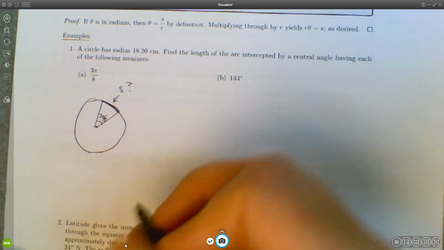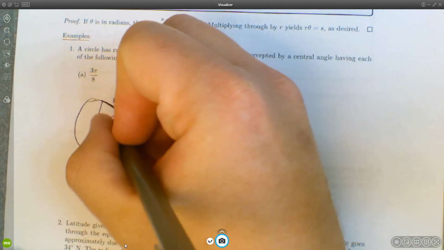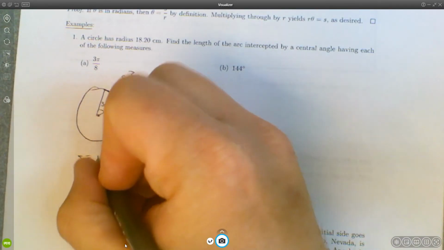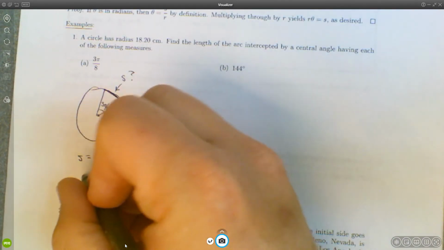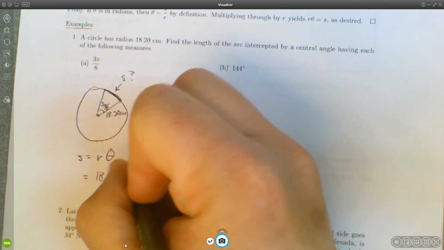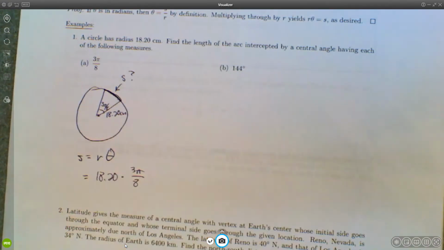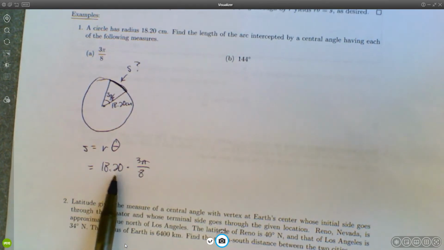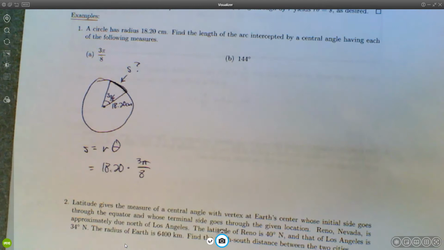Okay, so we want to know what that arc length is. Well, you know that the radius is 18.20 centimeters, and so s equals r times theta. That's just 18.20 times 3 pi over 8. And we'll round our answer here to 4 sig figs, since that's the measurement that we were given. So let me pull out my calculator.